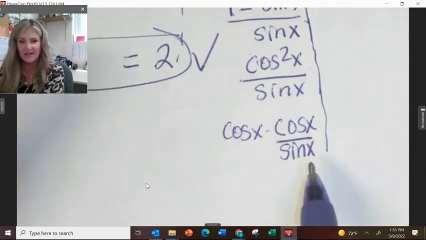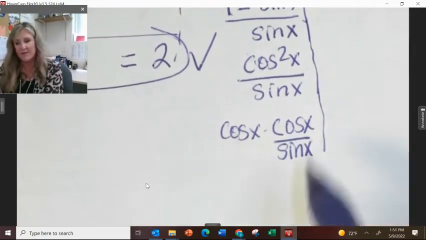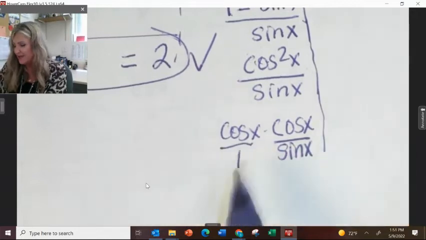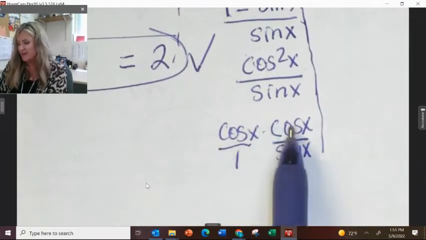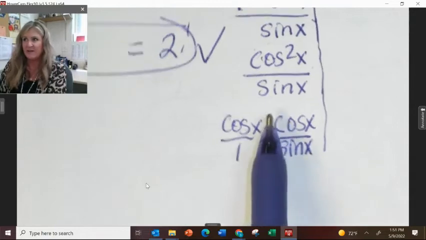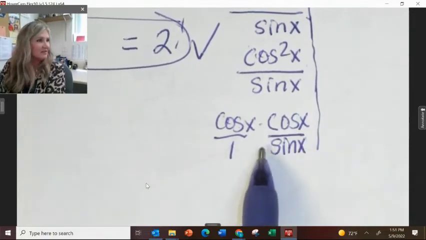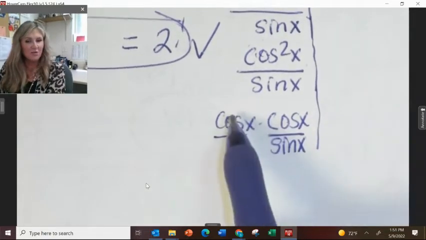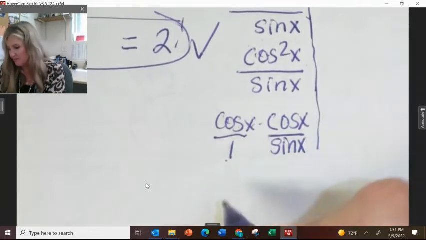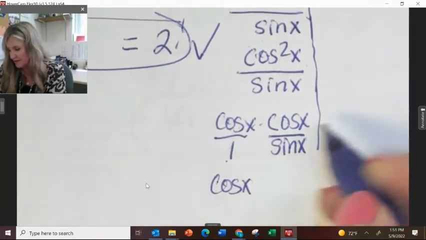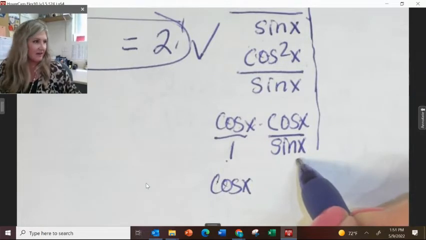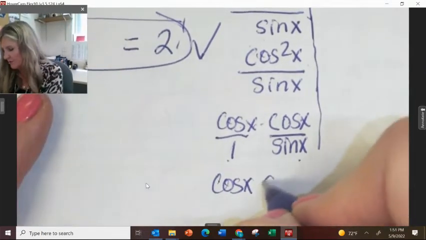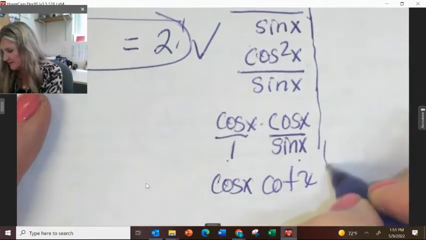I can put this sine x just under one of them, because wouldn't it be okay? Isn't it true that this would still be cosine squared over sine if I wrote it like this? Okay, so what's cosine x divided by 1? Cosine x. What's cosine over sine? Cotangent. Is that what we wanted? Yes, it is.